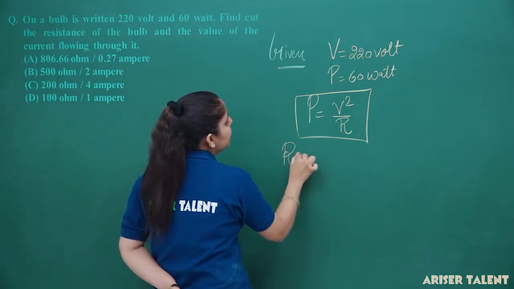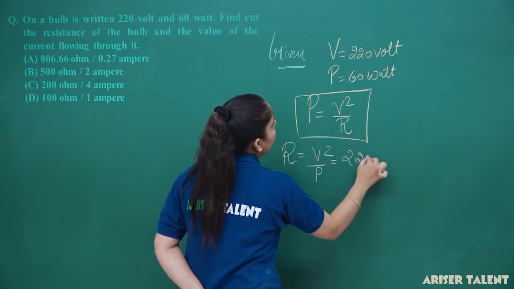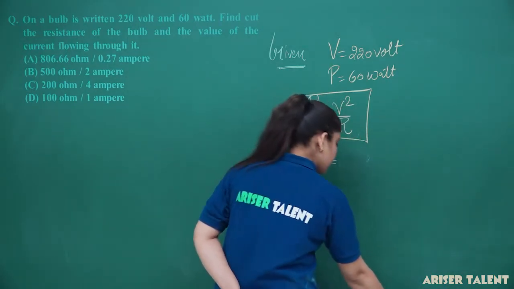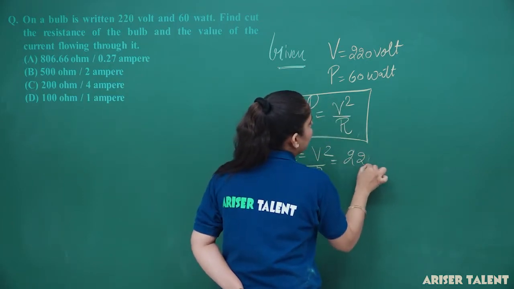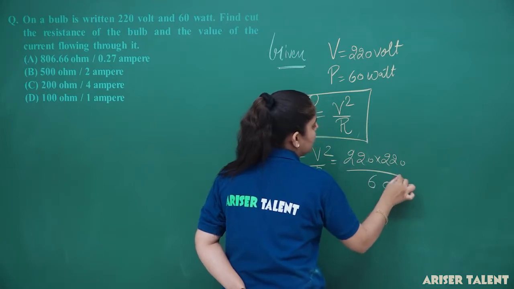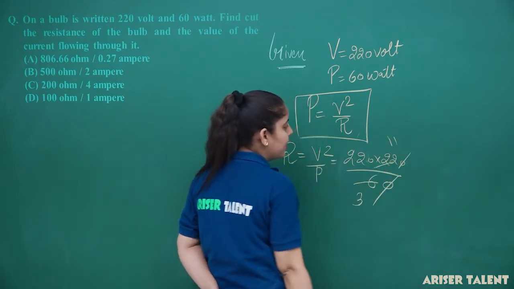So the resistance came out to be V square upon P, that is equal to 220 into 220 upon 60. 0 will be cancelled by 0. It is 3 here, it is 11 here.